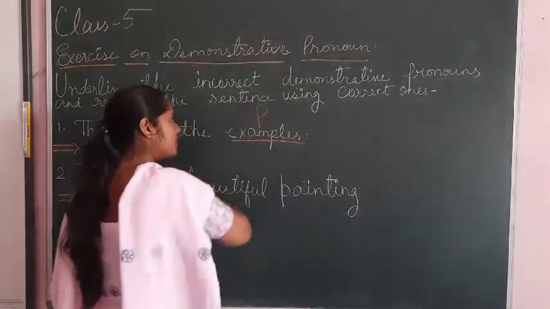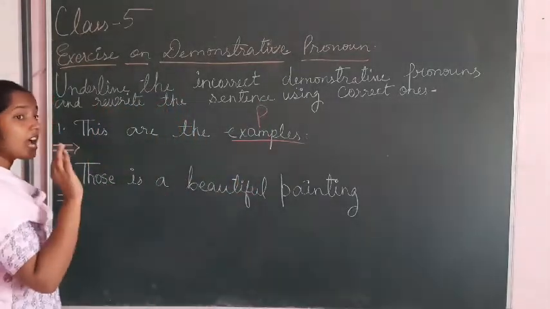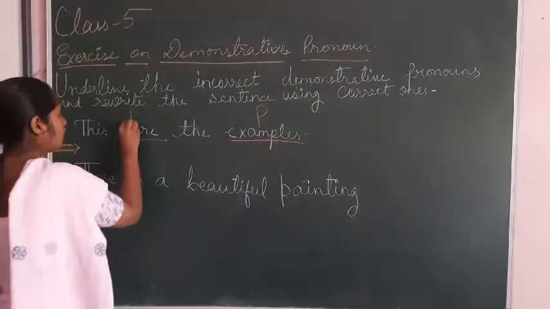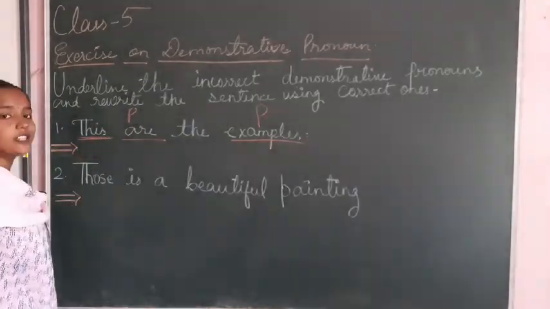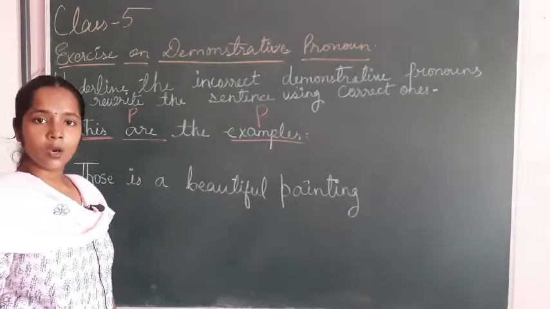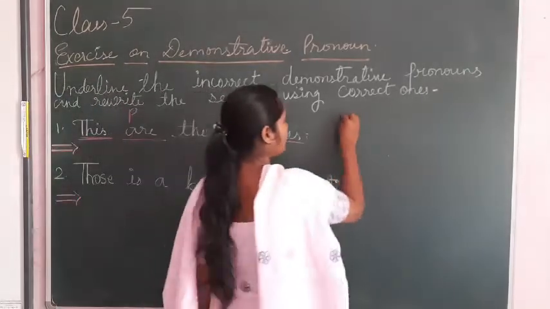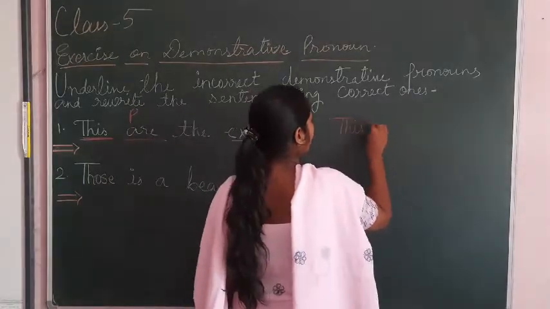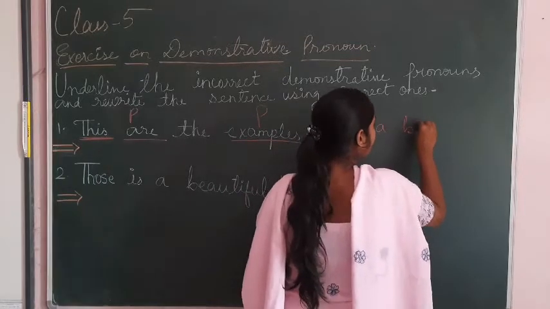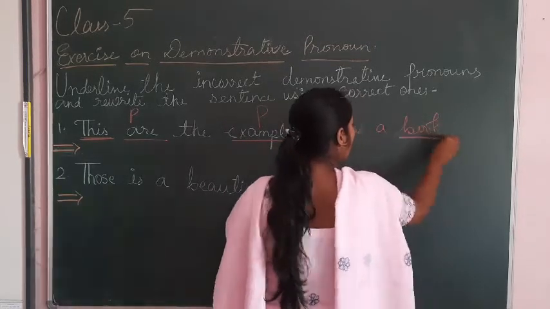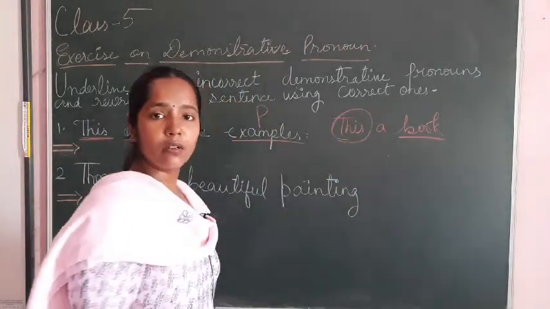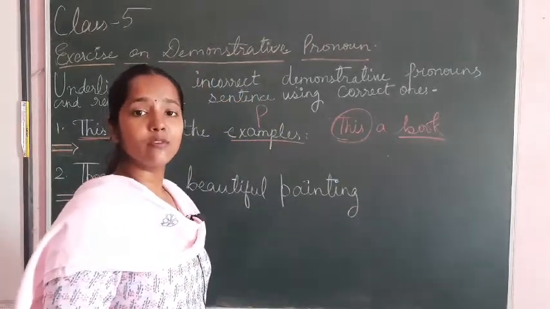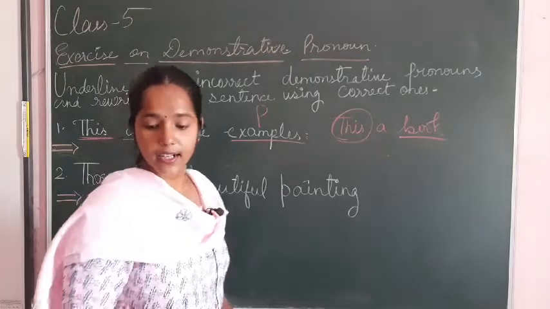I am writing P for that, we use R for plural, but this is used for singular. I am saying, this is a book. There is only one book, so for that we are using this. If there is one book, then the sentence will be singular, isn't it?